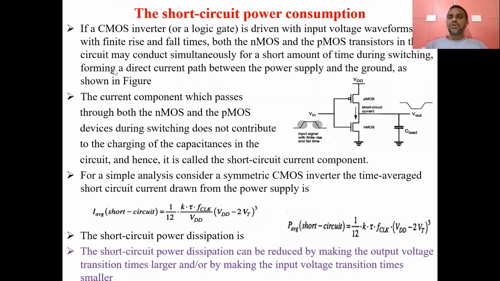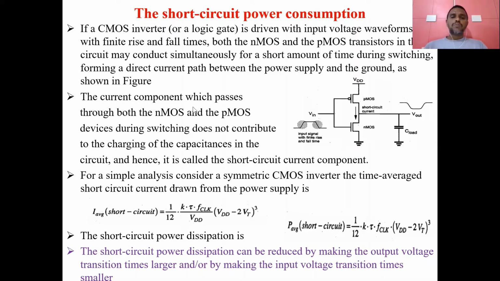Okay, that's what I told. At a particular point both NMOS and PMOS transistors will conduct simultaneously, and therefore a short circuit, or a direct current path, will be established between the power supply VDD and the ground. Okay, so that's what we have here. This arrow mark indicates a short circuit current flow between VDD and this ground.